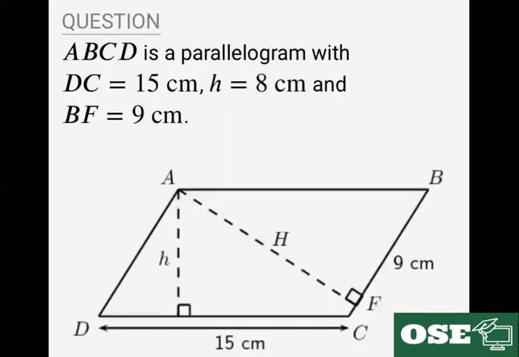So if you look at the question, can you see where F is? Yes, ma'am. The perimeter has to be 2DC plus 2BC.